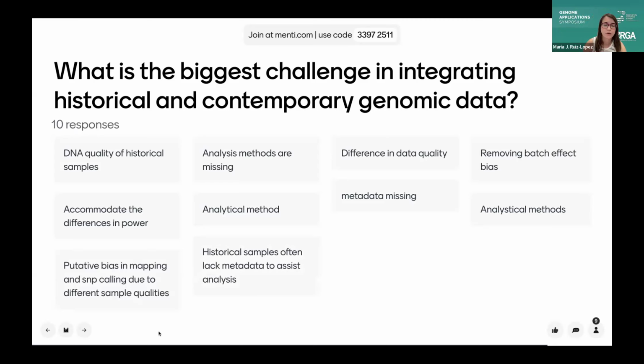So yeah, there are common topics in all these answers: metadata missing, analysis methods, and removing batch effect biases and differences in data quality seem to be the three major challenges to integrate historical and contemporary genomic data. Confirming how important all these are.